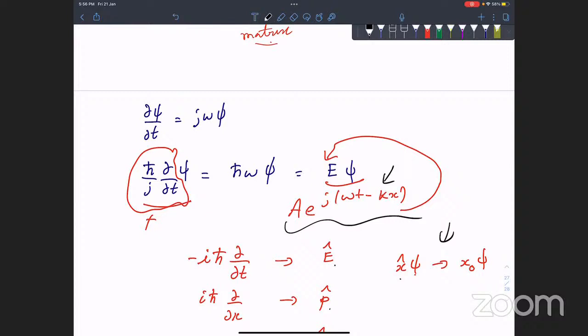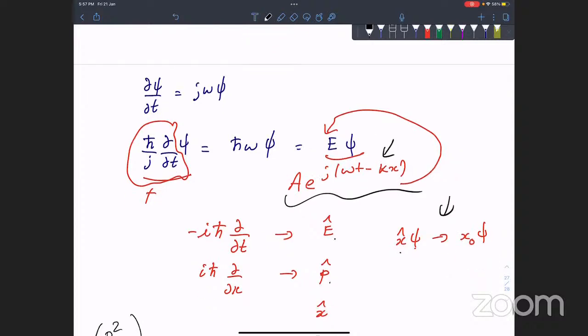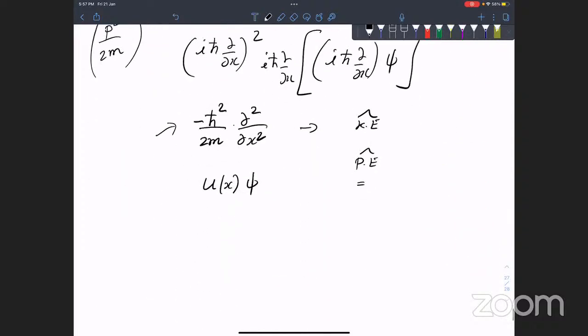Why not? Because potential energy is a matter of distance, right? So if I'm located at a particular height, then I say, okay, this is your potential energy. So if my wave function is not a position eigenstate, I should not expect it to have a constant potential energy. Okay, great. So that's that.